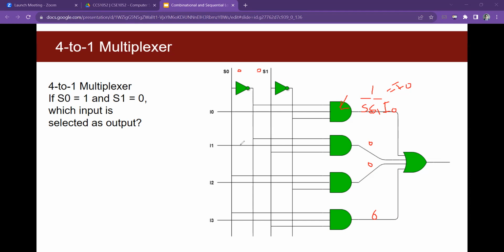Here, this is one and this is zero. In an AND gate, if there is even one zero, the output is zero. In this circuit, both are zero, right? So all the others are zero, and what is the output here?